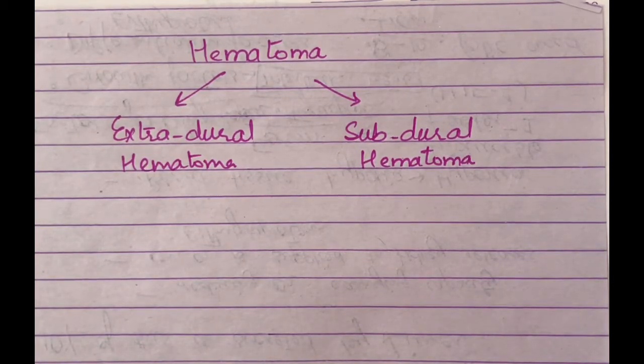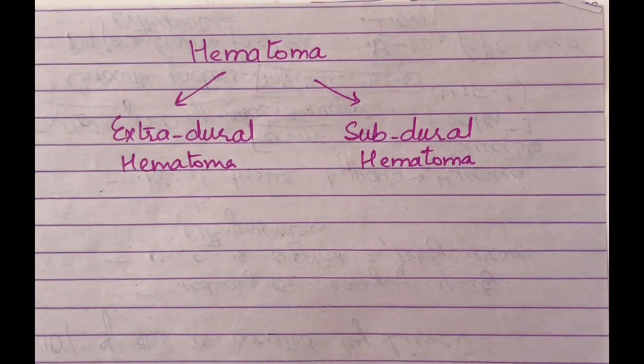We have two types: extradural hematoma and subdural hematoma. As the name indicates, extradural means outside the dura mater of the skull, and subdural hematoma means that it is below the dura mater, within the dura mater or arachnoid mater.